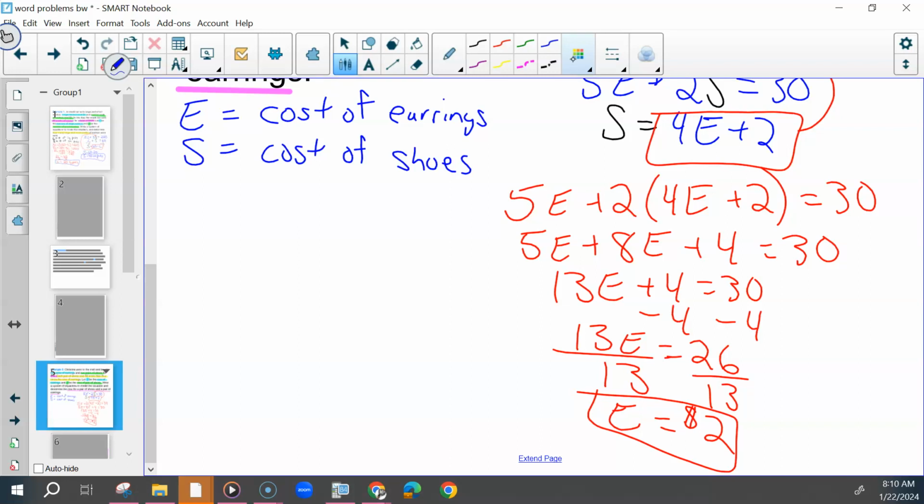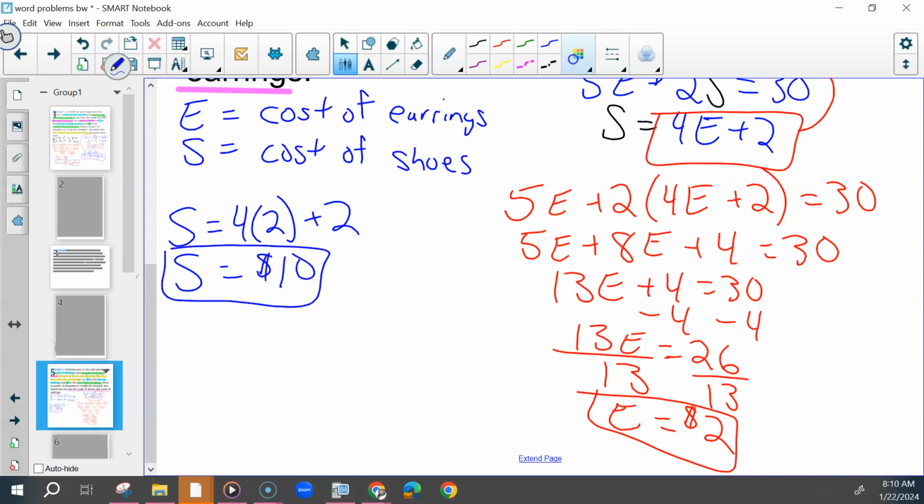So then, after you find the cost of earrings, put that back in and find S. If you get confused about your units of measurement, look at what these represent, because costs should match.